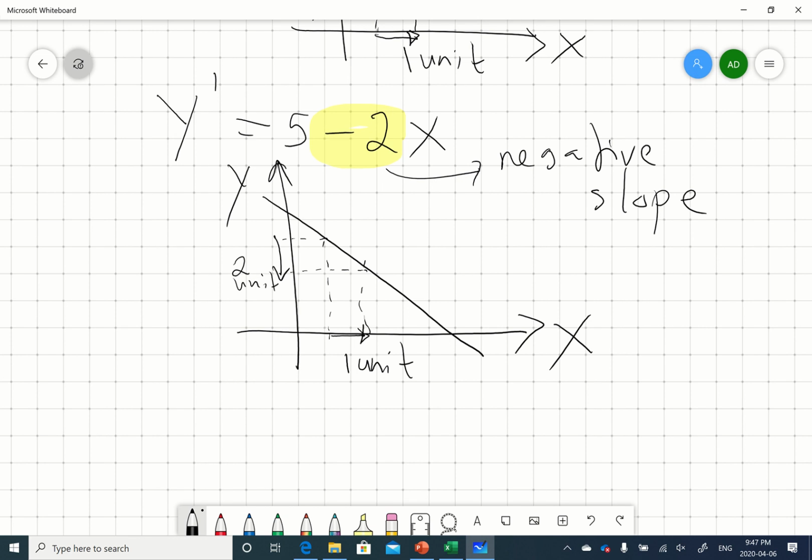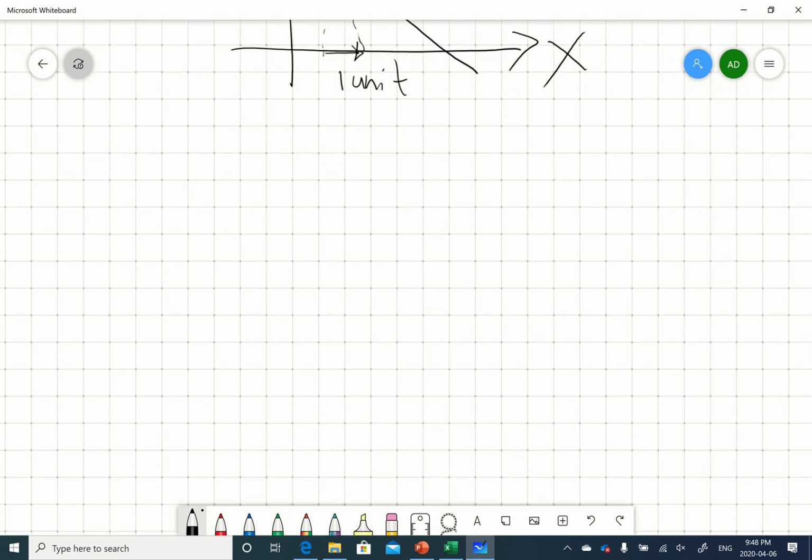So that is a negative association. By looking at the regression equation, you can easily identify the association between x and y. That's the idea of regression analysis.